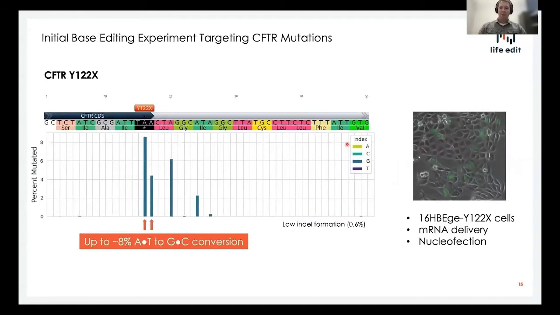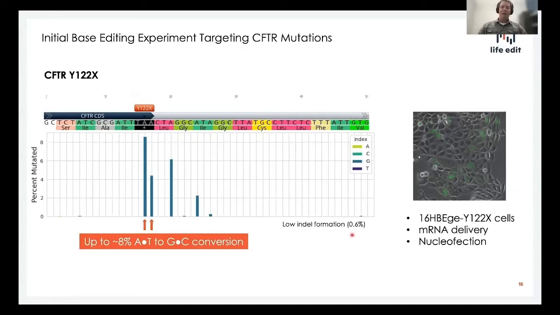So for example, in this experiment, this is in human bronchial epithelial cells that were generously provided by the CF Foundation. These cells were engineered to harbor the Y122X stop mutation. And when our first generation A-base editor was combined with a guide that targeted this Y122X stop mutation, you can see that we got up to about 8% editing at one of the target A's at this location with relatively low indel formation.